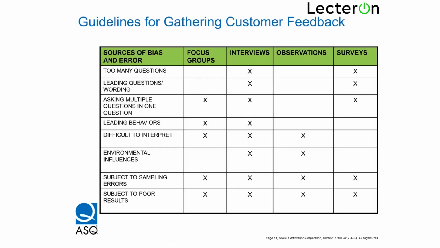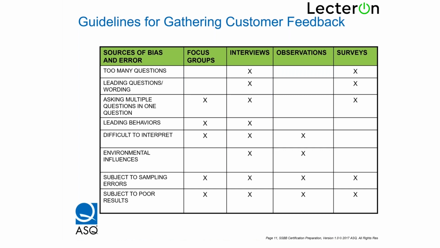Okay. So, guidelines for gathering customer feedback: sources of bias and error. If you have too many questions, then interviews and surveys. If you have leading questions or wording, then interviews and surveys. If you are asking multiple questions in one question, you better use focus groups and then interviews.